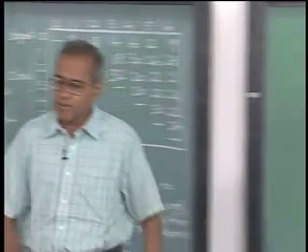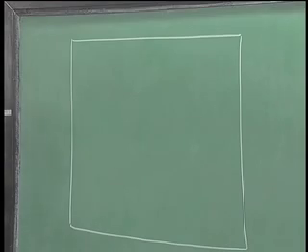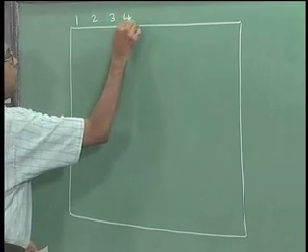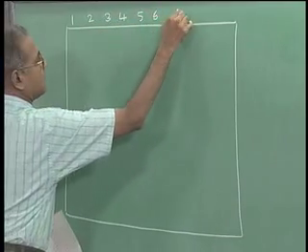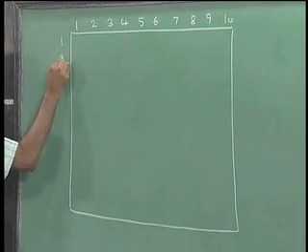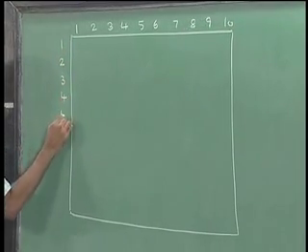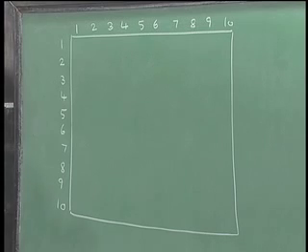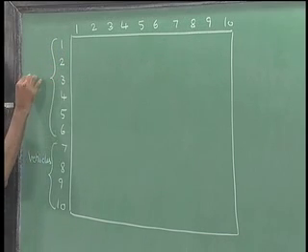So, we construct a 10 by 10 travelling salesman problem, where we call 1, 2, 3, 4, 5, 6 the cities. So this is a 10 by 10 problem, where 7, 8, 9 and 10 correspond to vehicles, and these correspond to the cities.